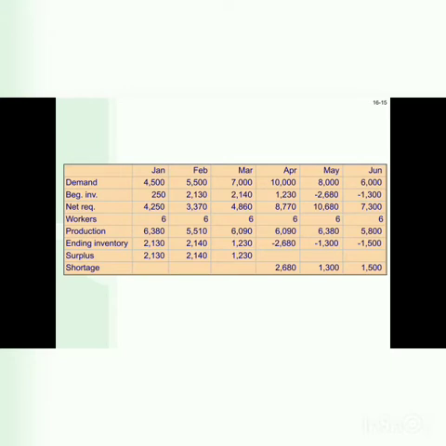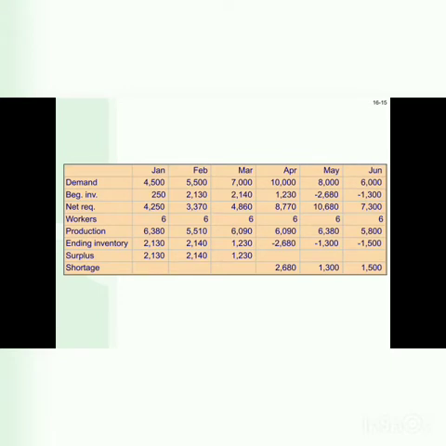Ending inventory is also 2130. So now this ending inventory will be used in the next month. You can see here the beginning inventory column of February. So the ending inventory of January will become the beginning inventory of February.